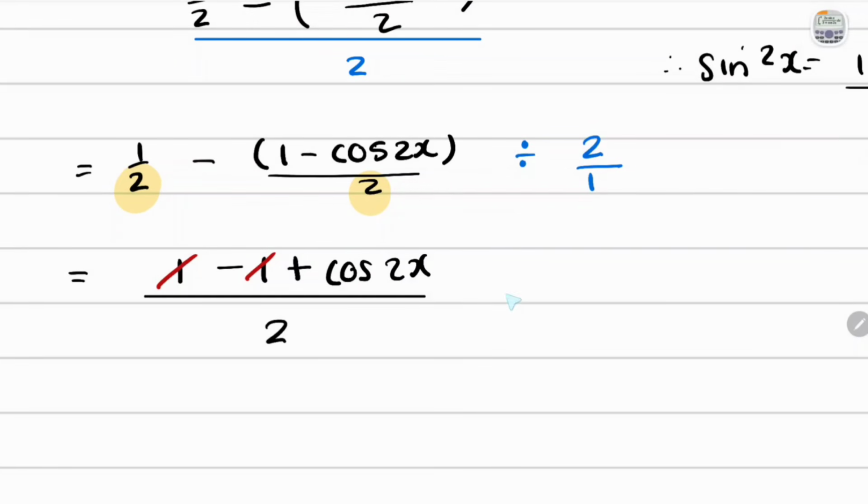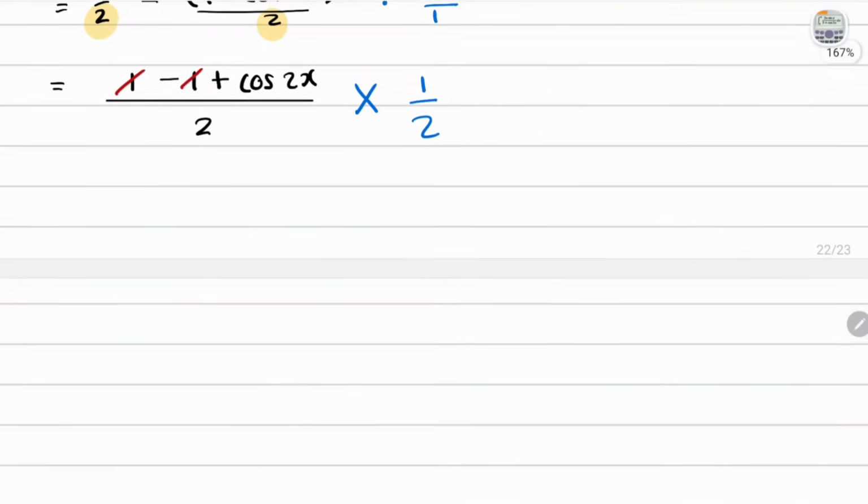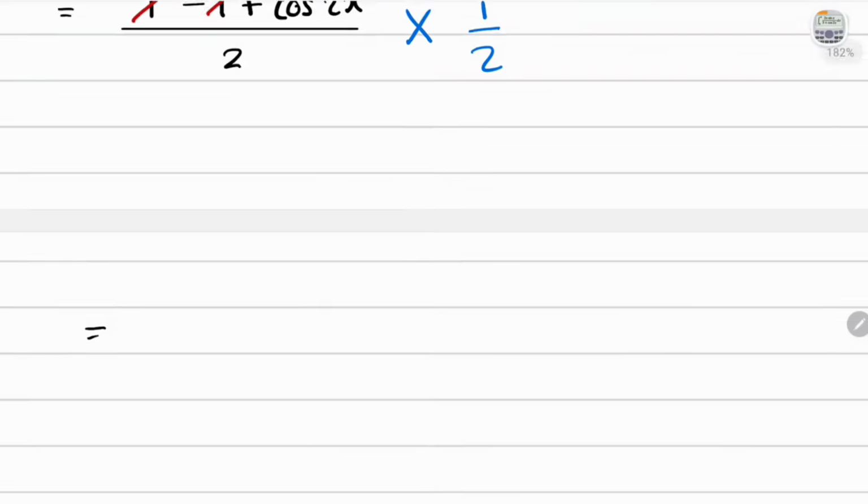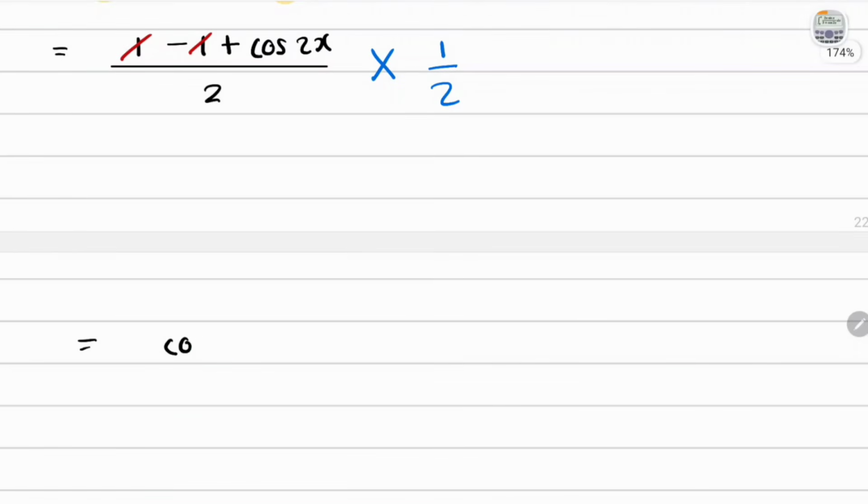Of course we're still dividing by the 2, but now you can change that. Since you're dividing by a fraction, you tip and times. So you tip the fraction, swap the numerator and denominator, and change the division to a multiplication. So now this is equal to cos 2x over 2, and we're multiplying by 1 over 2.